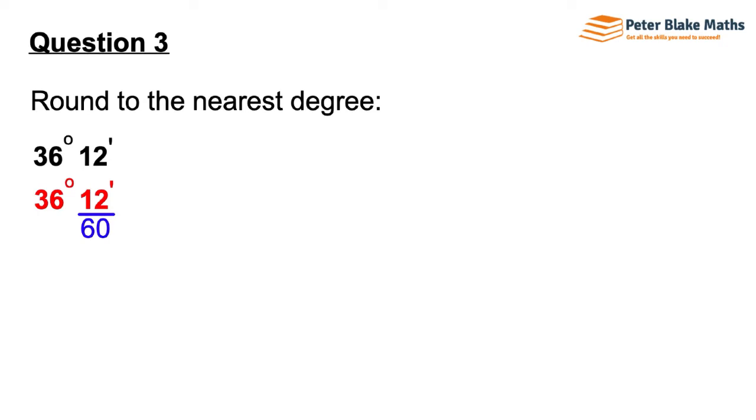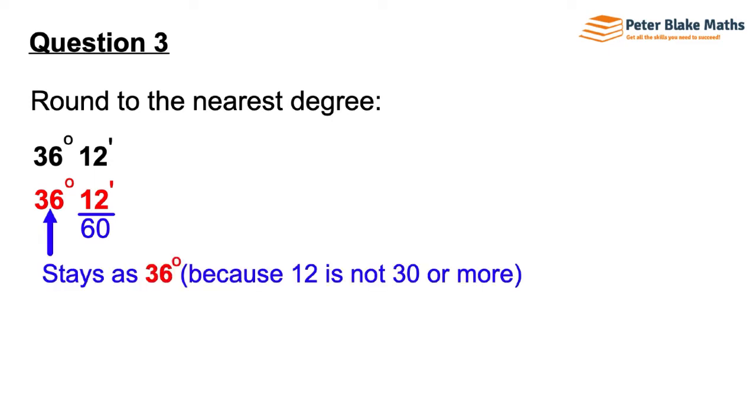We have to recognize that the minutes section is out of 60 minutes, and each 60 minutes rounds up to 1 whole degree. Unless 12 minutes is past halfway, or 30 minutes, that's less than halfway, so the 36 degrees will stay the same because 12 is not 30 or more.